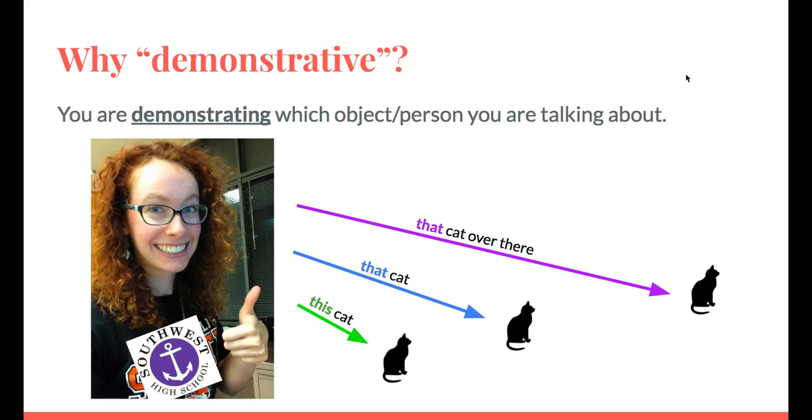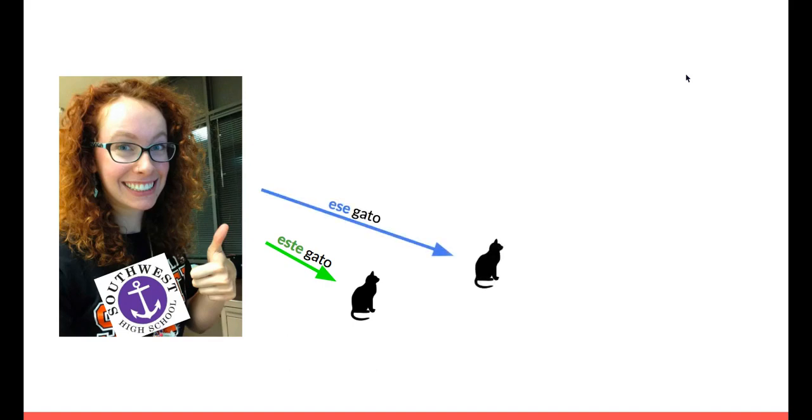Now let's go over it in Spanish. Here's me again in my proper Southwest t-shirt. Aquí tengo un gato. So I'll say este gato. Ese gato. Y aquel gato.